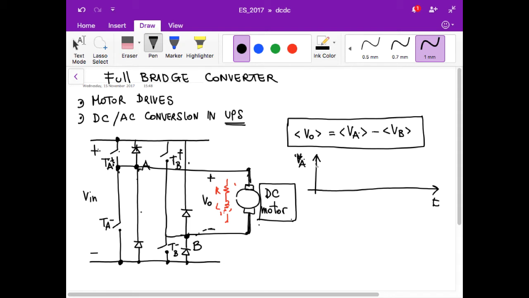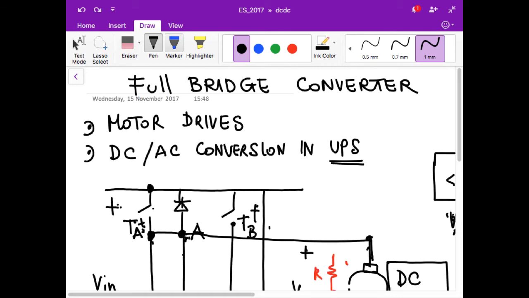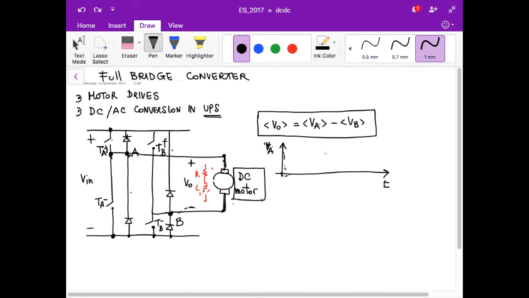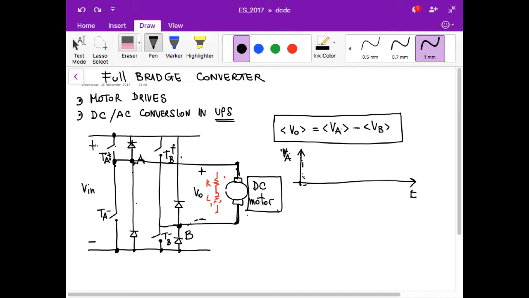So VA is something like this. For example, let's assume that this is the period.